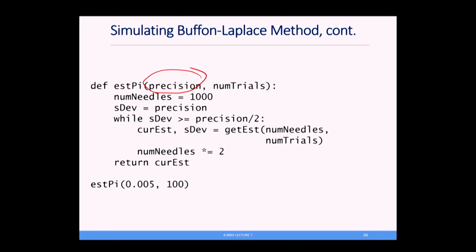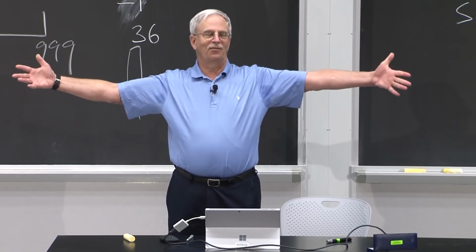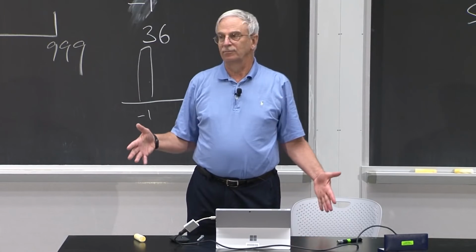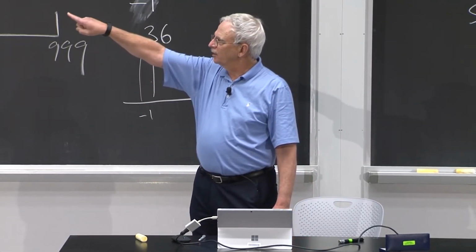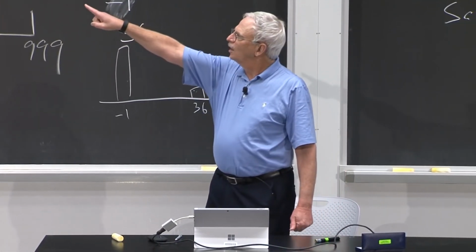I'm saying I would like to know the value of pi, and I would like to have good reason to believe that the value you give me is within 0.005, in this case, of the true value. Or maybe more precisely, I'd like to know with a confidence of 95% that the true value is within a certain range. I should have probably used 1.96 instead of 2, but oh well.